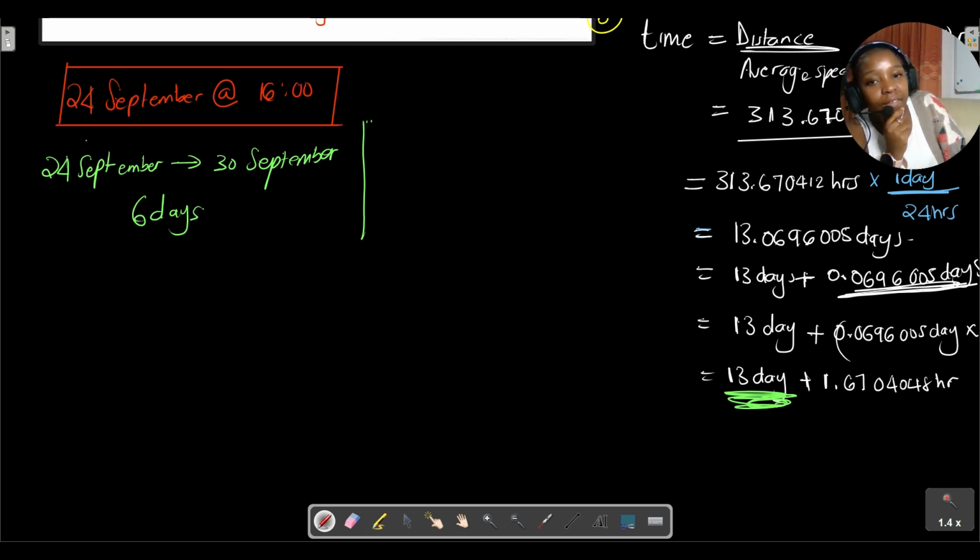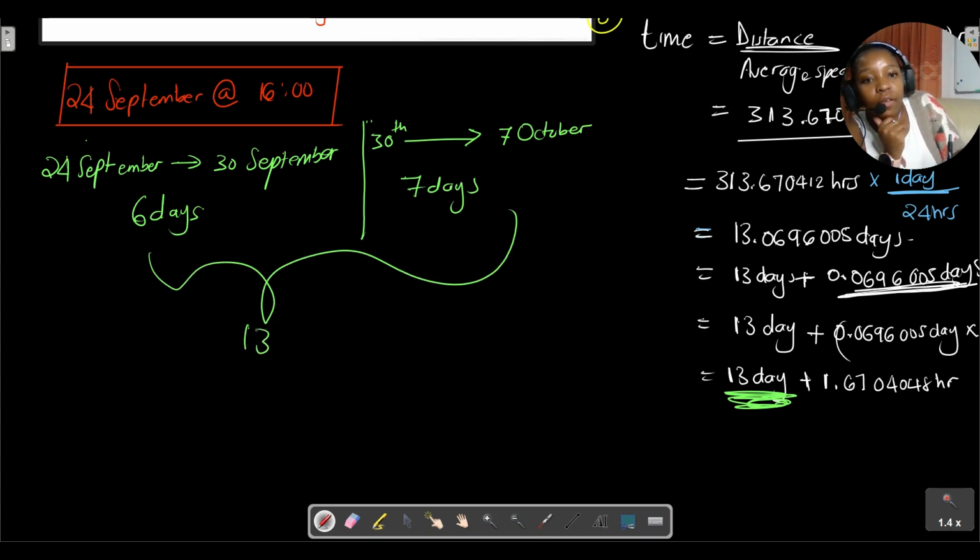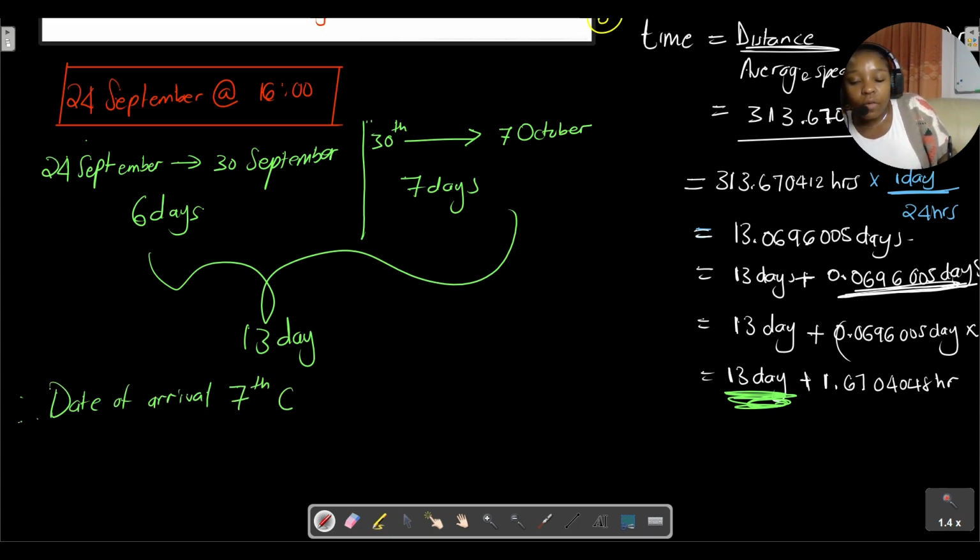So for that 7 days, from the 30th to the 7th of October is 7 days. So that means that we've traveled a total of 13 days. So when will be our destination? The date of arrival will be the 7th of October.